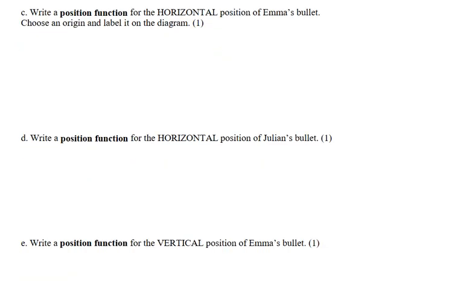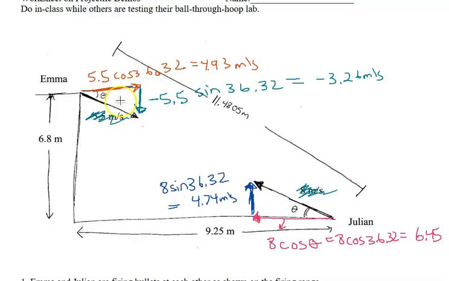Write a position function for the horizontal position for Emma. Remember when we did collisions, we need a subscript because there's two different things happening here. So x of Emma equals x naught plus v naught t plus at squared over 2, but there's no forces left and right, so it is 0 because she does not have a head start.